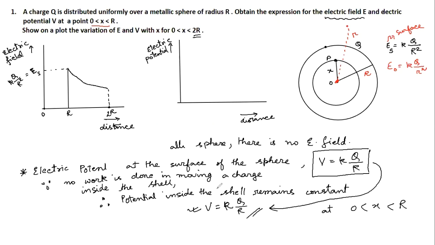We have seen that inside the shell, inside the metallic sphere, we are having constant potential, and that potential is nothing but kq by r.